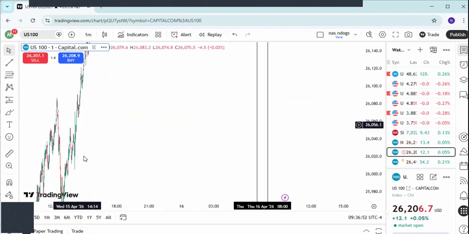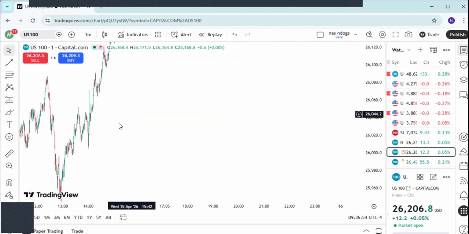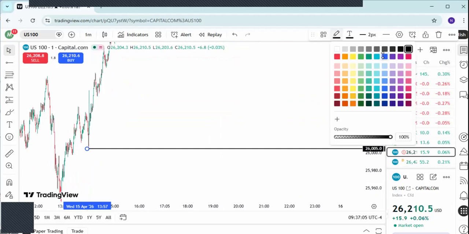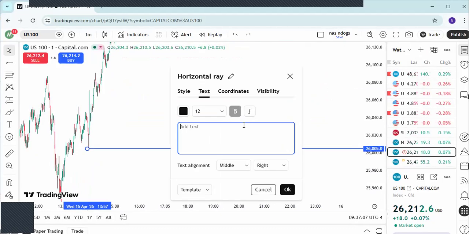Below that, we're gonna find this PM sell side from yesterday. There we go. And I'm gonna make it blue. I'm gonna write PM sell side there.